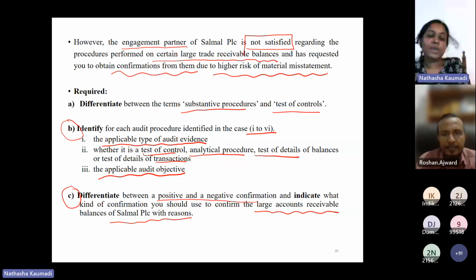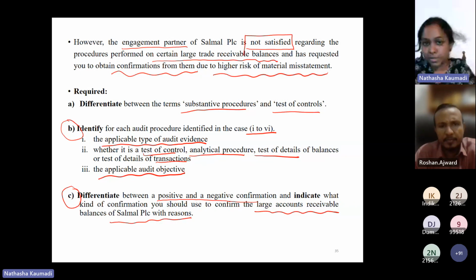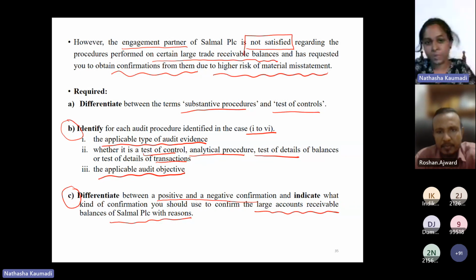So with that, we have covered the whole process of how to audit revenue and accounts receivable. We're talking about test of controls, what are the substantive analytical procedures, what are the test of details, and hope you can remember A, B, C, D, and E. You identify the inherent risk, you identify the control risk, and then you analyze the risk of material misstatements and design the audit procedures.